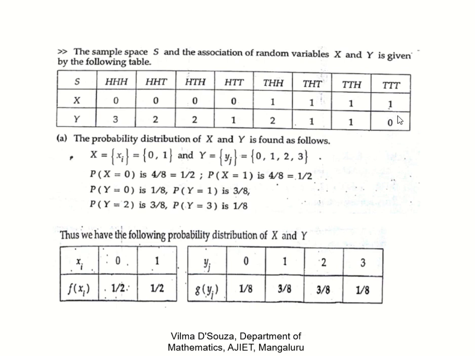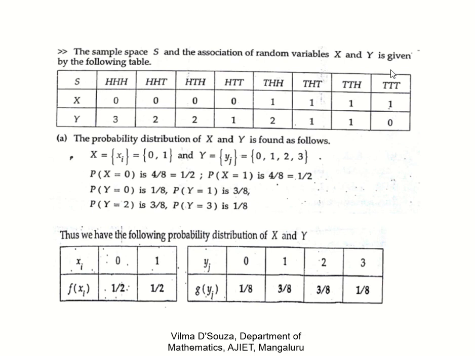So what are the values X can take? X can take the values 0 and 1, right? But Y can take the values 0, 1, 2 and also 3, right? So your sample space consists of how many elements? 8 elements.